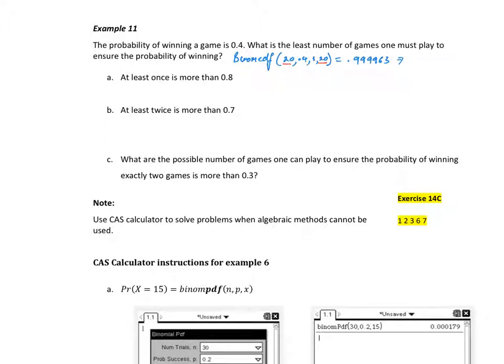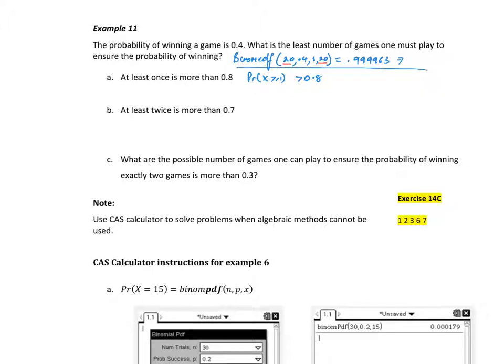Okay? The manual way in which we'd approach it is, all right, we're still going to need a CAS, but we want you to set it up. So what we need is the probability that x is greater than or equal to 1 is greater than 0.8. Because we don't know how many games we're playing, it could be from 1 to anything.